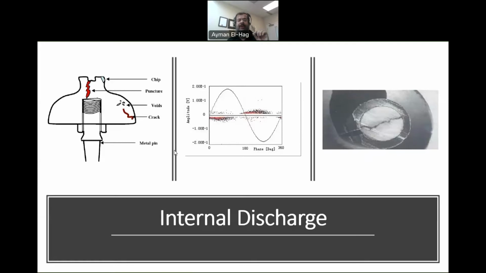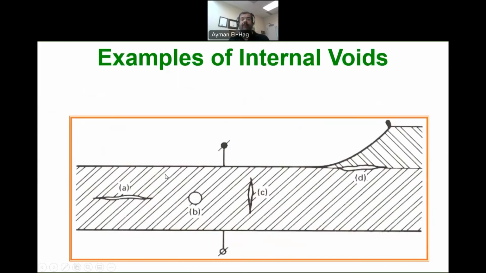In this short presentation, I'd like to answer a couple of questions. The first one is how those internal voids that will initiate the internal discharge inside the dielectric material look. They could come in different shapes, like in A here, a horizontal void, or a spherical void, or a vertical void.